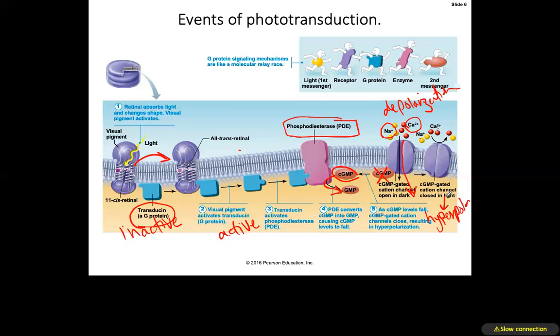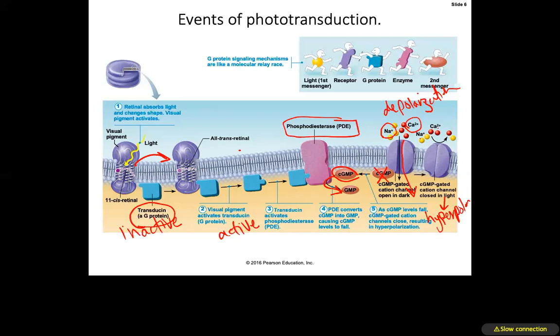So review this one more time, guys. When there is no light, so imagine this light is not there. When the light is not here, you're at 11 cis retinal, transducin is inactive, PDE is inactive, which means cGMP is attached to your protein channel, allowing sodium and calcium to come in, and causing depolarization.